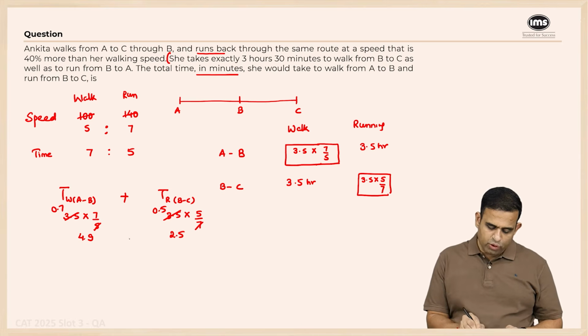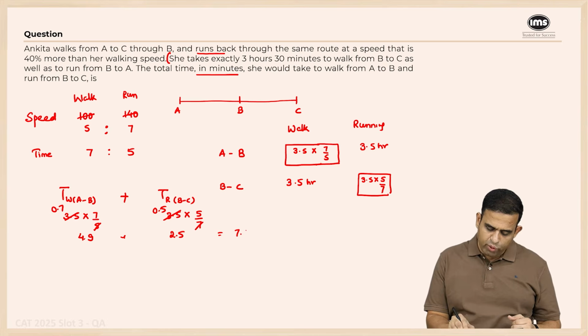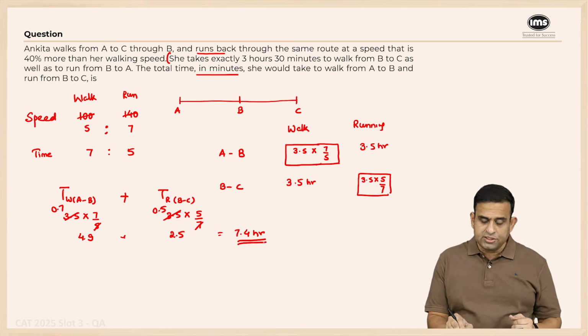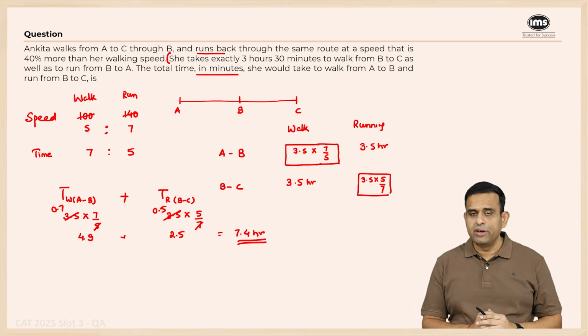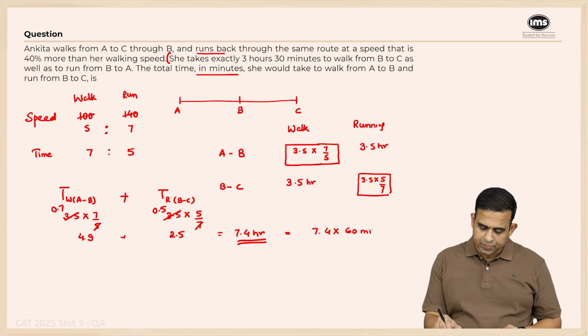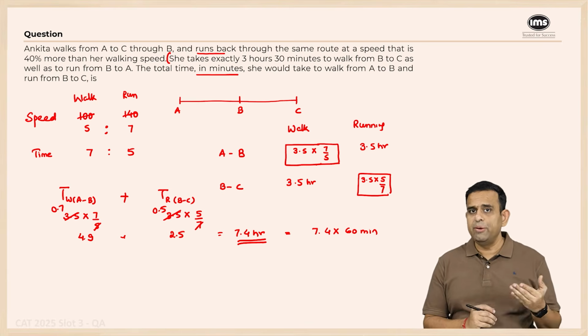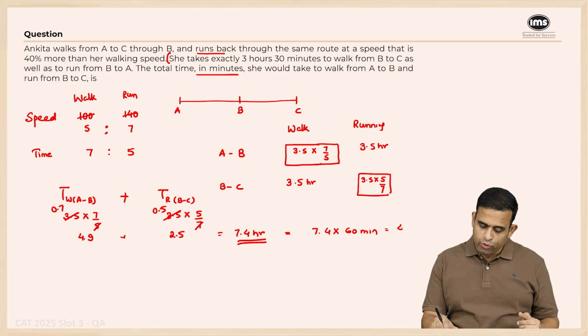So the total time will be 4.9 plus 2.5, giving you 7.4 hours. But since they want the answer in terms of minutes, this will be equal to 7.4 into 60 minutes. So 7 into 60 becomes 420 and 0.4 into 60 will become 24. So 420 plus 24 giving you 444 minutes.